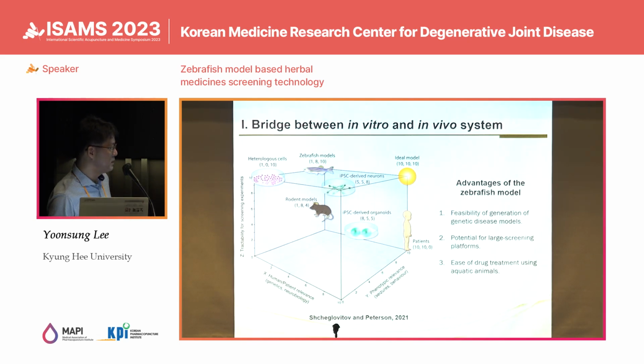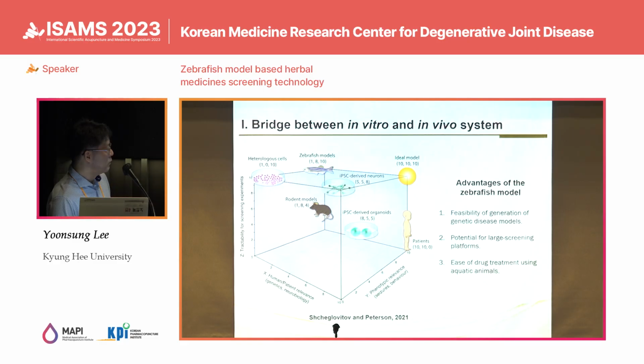Already 2 years ago, Randy Peterson's group made a very interesting review paper comparing these model systems in terms of efficiency of usage and possible usage for human patient disease models.